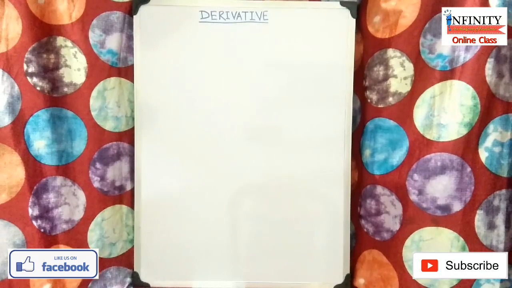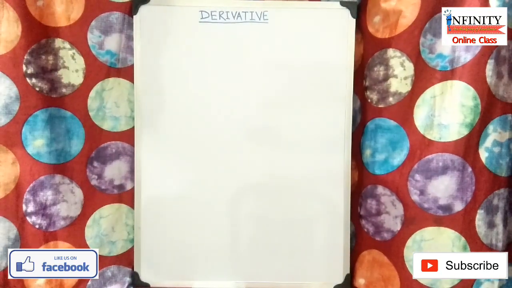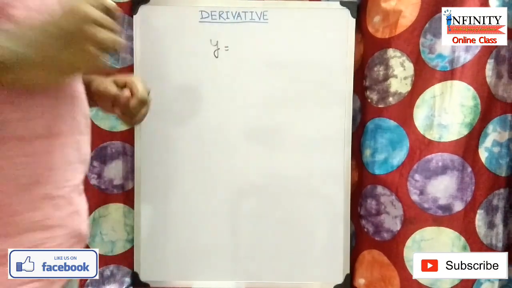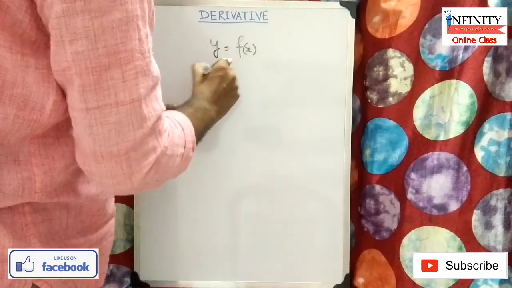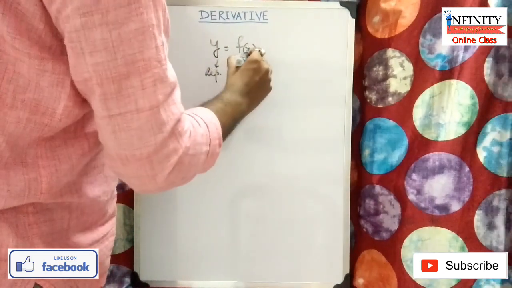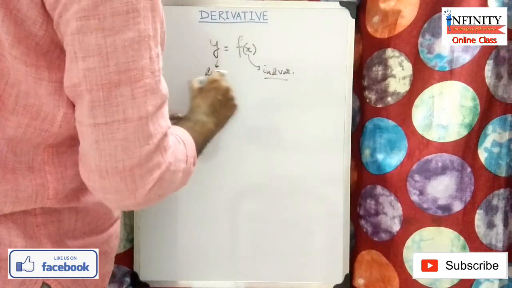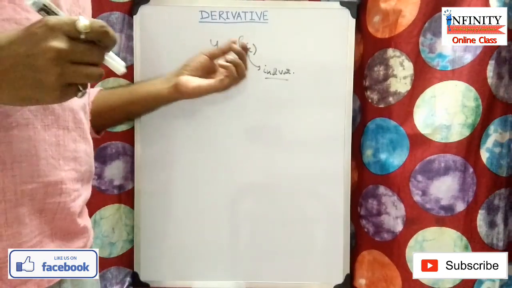In derivative, first of all, we have to know about the definition of derivative. Let us take a variable y, which is a function of x. So here y is a dependent variable and x is an independent variable. Okay. Now let us take a change in x.